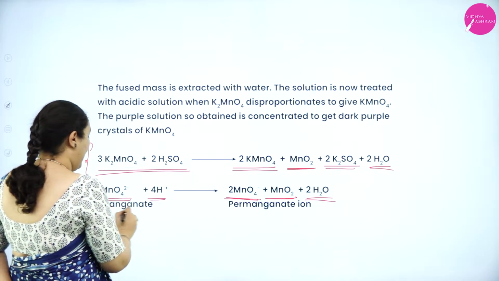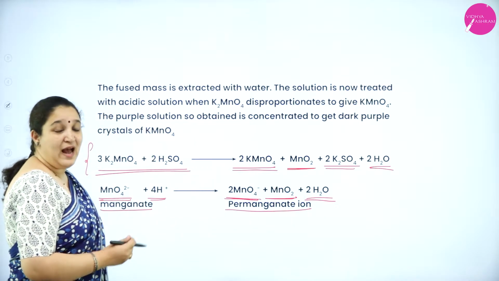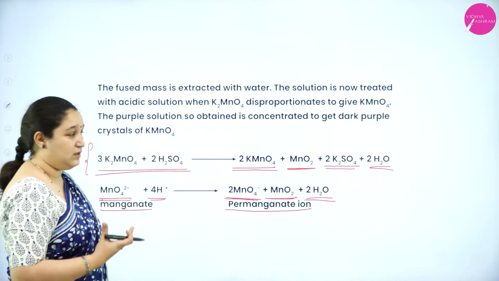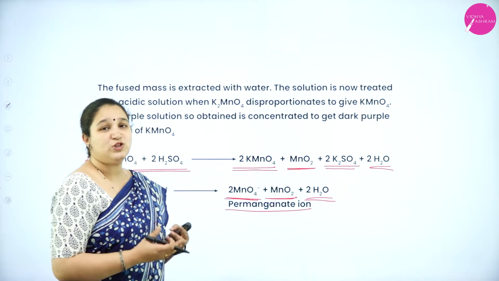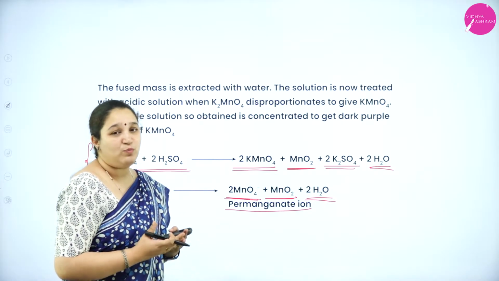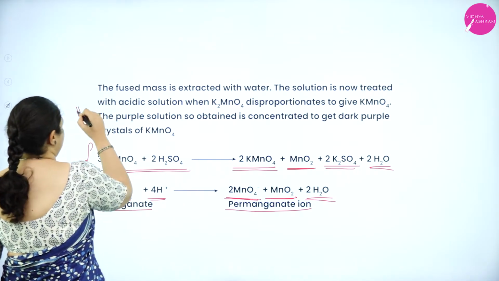So this is manganate ion to permanganate ion you will get, and potassium permanganate is having a dark purple color. So you are going to get a dark purple colored solution which on concentration you will get solid crystals of potassium permanganate. This is step 2.